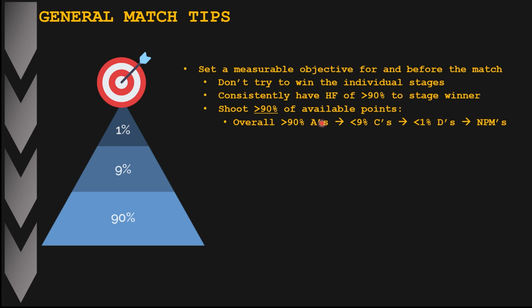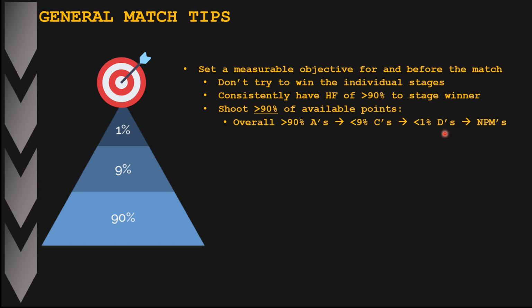Even if you shoot medium to short courses where the advantage is more in time, the objective should still be to shoot as many alphas as possible, to shoot less than 9% Charlies, and to shoot less than 1% deltas, and obviously have no procedurals and don't shoot no-shoots nor mikes, because they will cost you dearly.